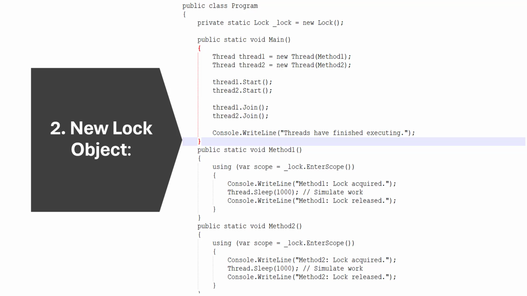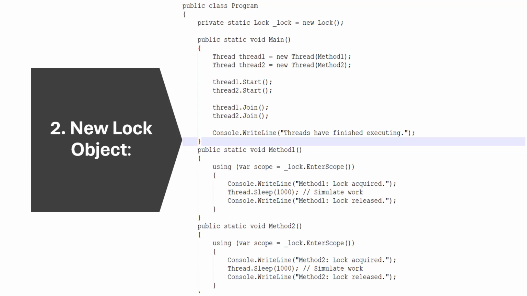If the scope ends, that means the lock is released. The using statement ensures that the lock is properly released even if an exception occurs within the scope.